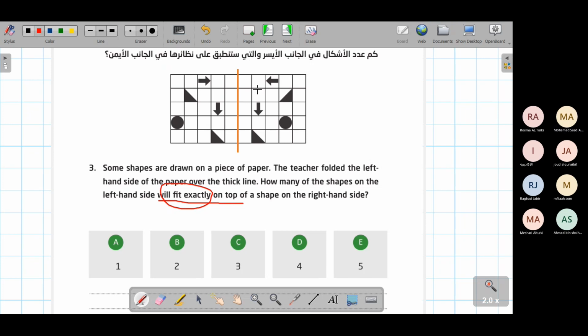Find the answer. And of course, we will always say why, not just it's A or B or C or D. No, you will say A or B or C with explanation. So you want me to find the answer? Yes.